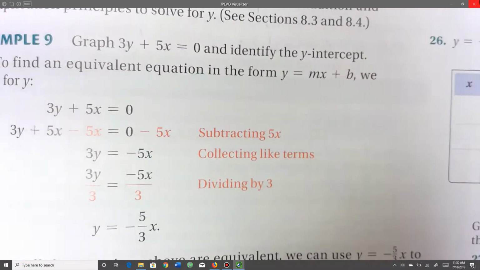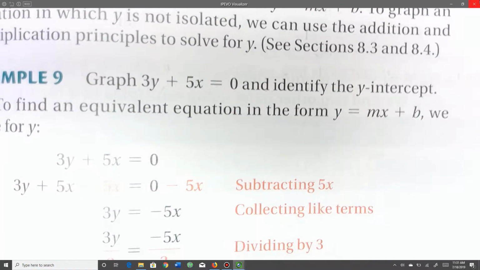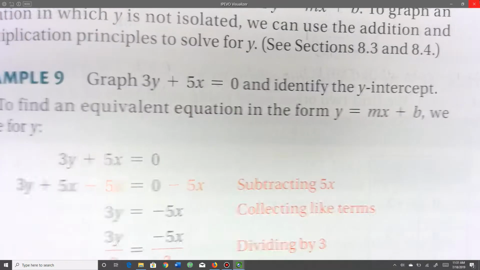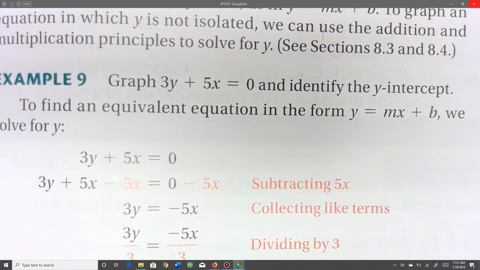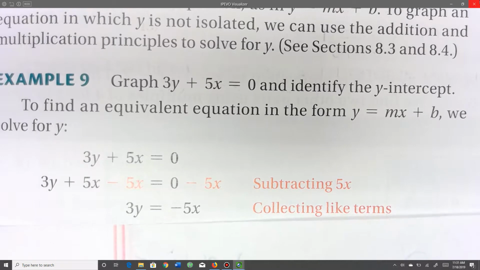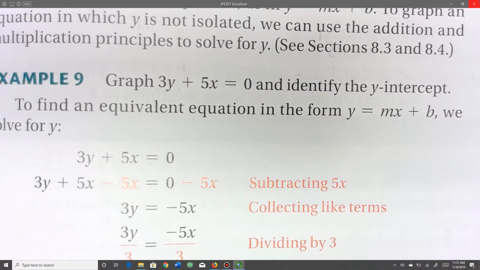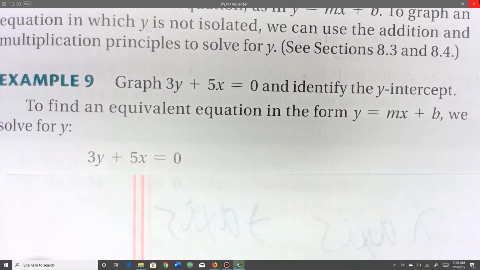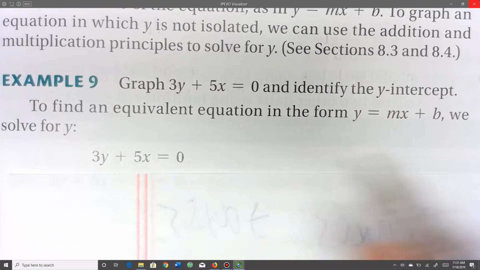Identify the y-intercept. Well, in this case, they're asking us again to identify the y-intercept. Well, then we just say that we could identify the y-intercept if we substitute 0 for x. I don't think we have to work the whole thing out, as long as we plug in the value of 0 for x.